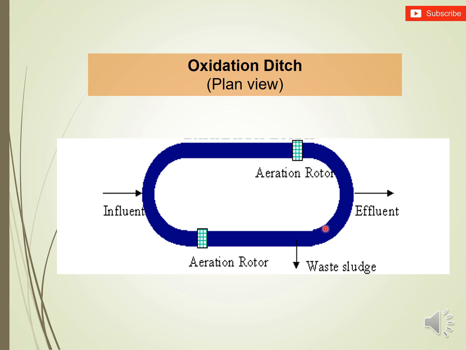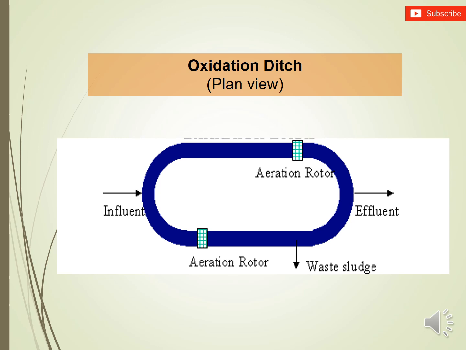So there's a sufficient amount of oxygen. By moving and before reaching this point, the oxygen amount is getting lower. So we apply another aeration rotor to increase the amount of oxygen required, so that we can maintain the oxygen required throughout the ditch. Okay, and the cycle continues.